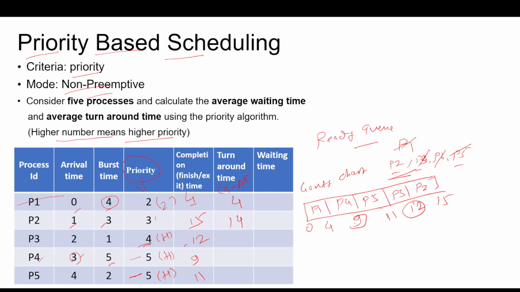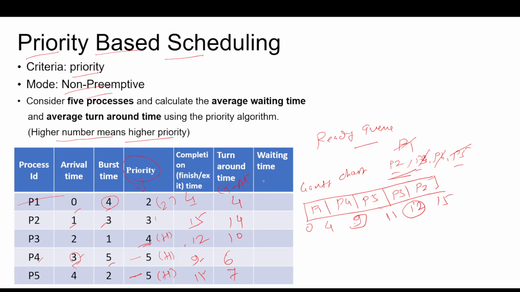For the third process, completion timing is 12 minus 2, that is 10. For the fourth process, 9 minus arrival timing 3 is 6. For the last process, completion timing is 11 and arrival timing is 4, so 11 minus 4 is 7.